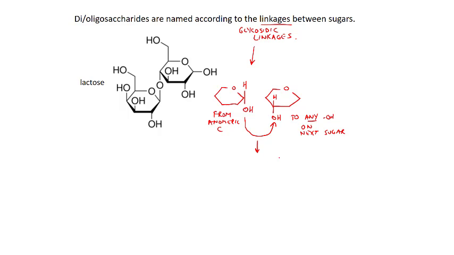And these react, they form a structure that looks something like this. So that essentially our 2 OH groups combine into a single oxygen atom, so it looks kind of like an ether, and water is released as a byproduct. This is now a glycosidic linkage.